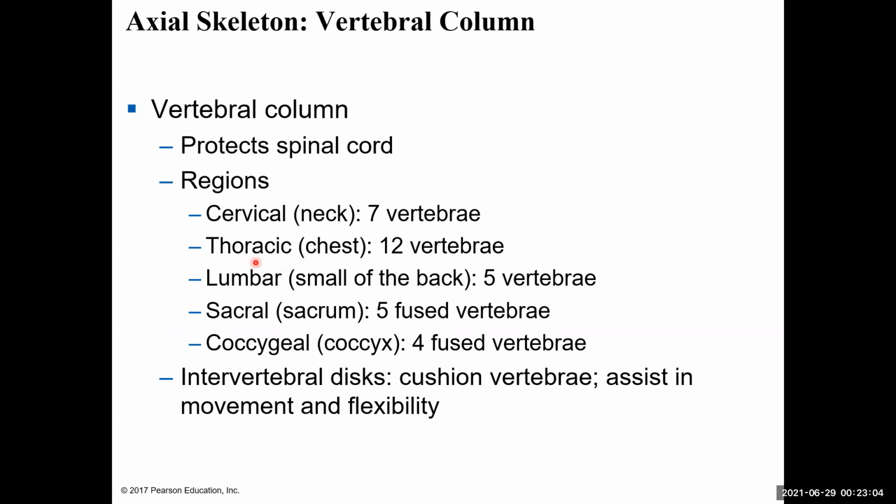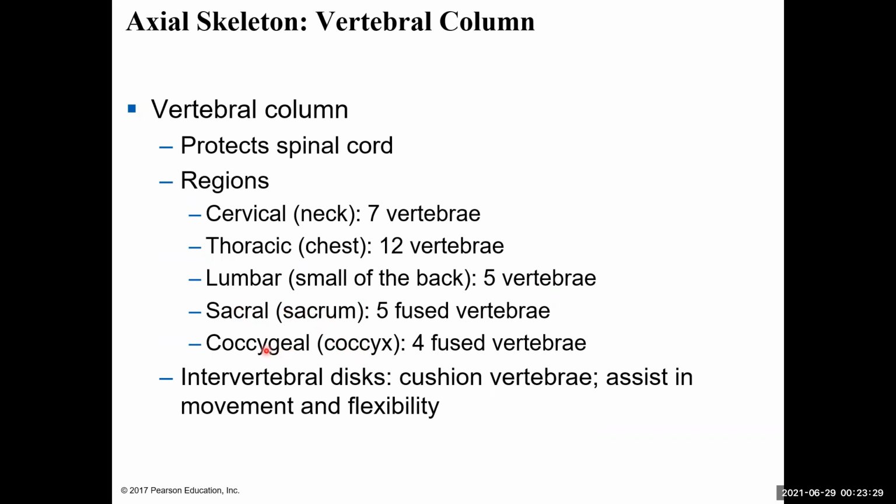Underneath the thoracic region, you have your lumbar region, which is basically the small of the back, where your back kind of curves in right above your butt. This lumbar region is made up of 5 vertebrae. And then after that lumbar region, you have your sacral region and your coccygeal region, so the sacrum and the coccyx.